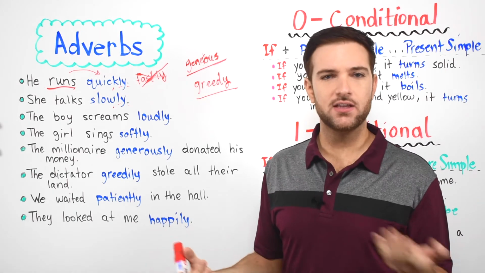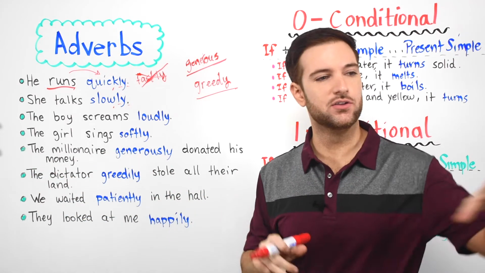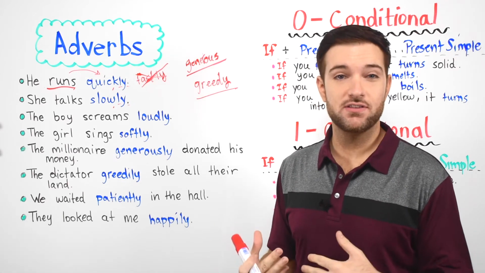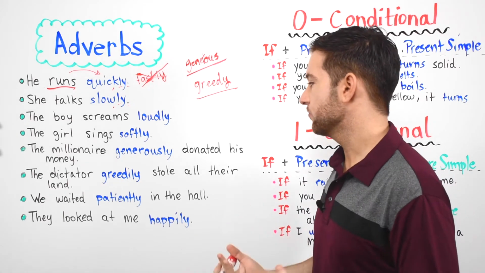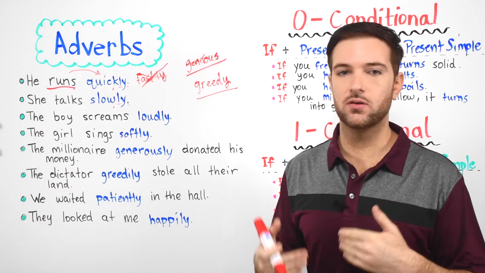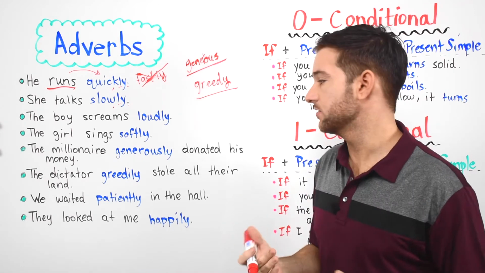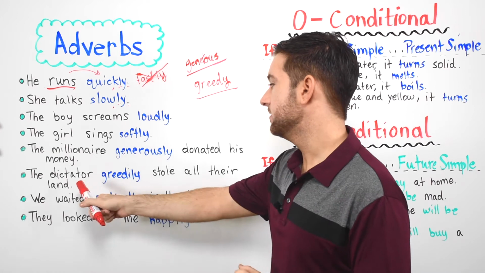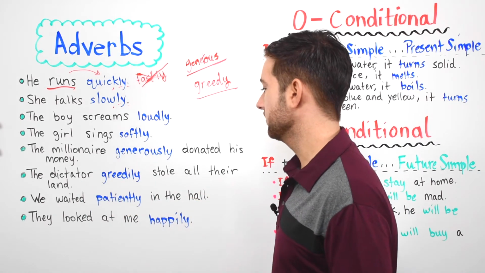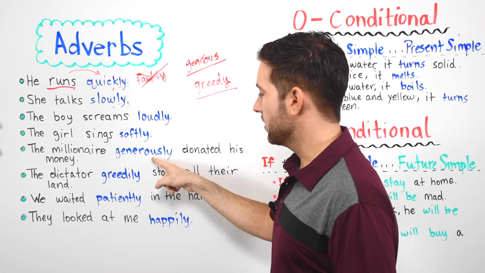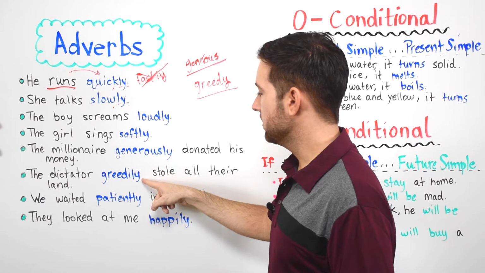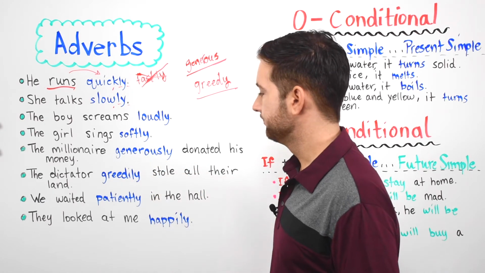Even though you have a lot, you take, and you take from here, and you take from here, and you take everything you want. That's greedy. You want more and more, even though you already have a lot. So the dictator greedily stole all their land. Generous and greedy are the opposite.